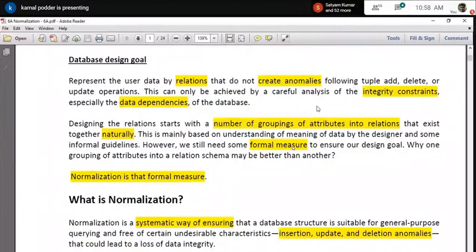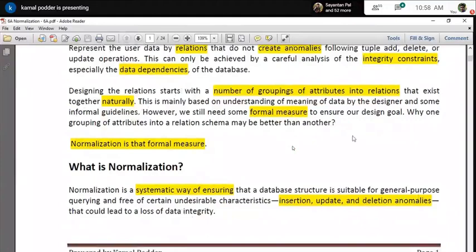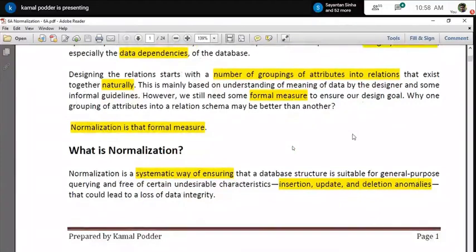This can only be achieved by careful analysis of integrity constraints, especially database analysis. And in addition to that, you need to appropriately group the attributes. Because if you just see the attributes, most of the time they are naturally grouped. A student record, we know these are the records, because you can get that information during your registration in the institute. These are basically grouped related to that particular object, so naturally they are together.